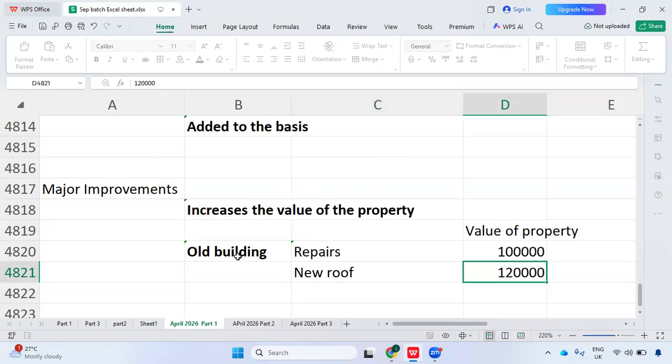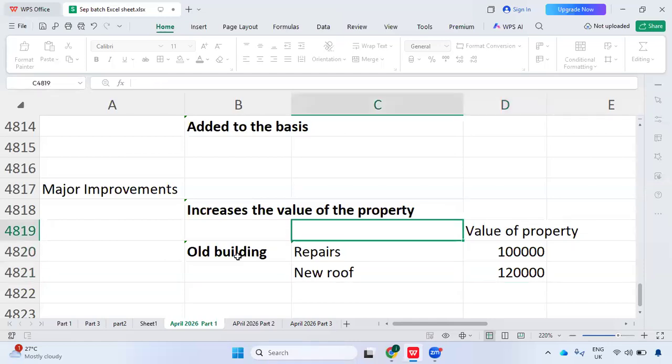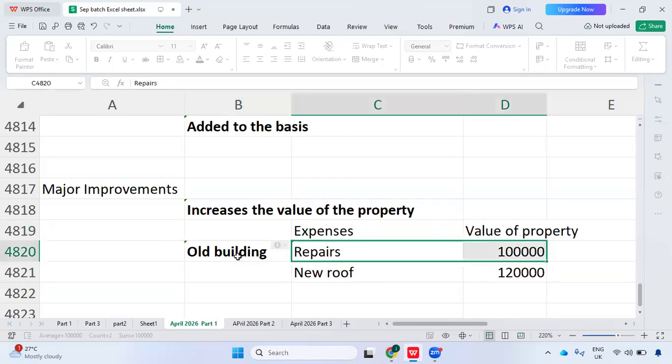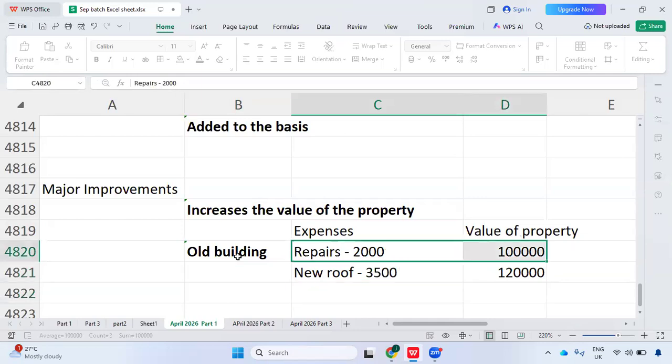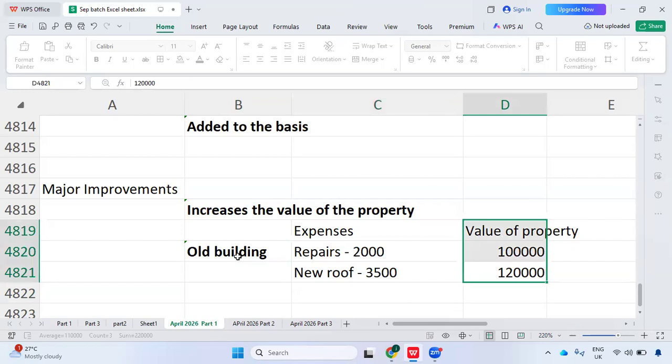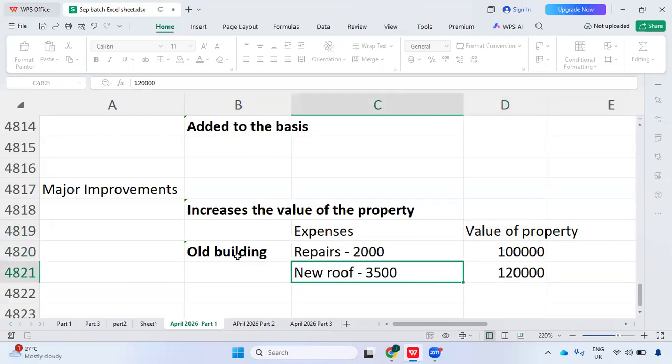For expenses that increase the value of the property, can we add them to the basis? Let's say repairs we paid around $2,000, and for the new roof we paid around $3,500. The $2,000 repairs we will not add to the basis, but the new roof increases the value of the property, so we can add the $3,500 to the basis.